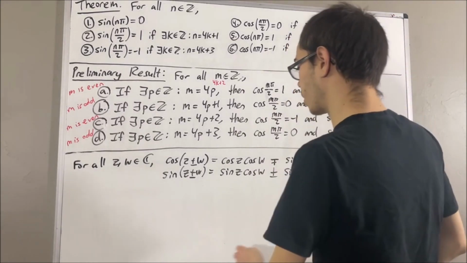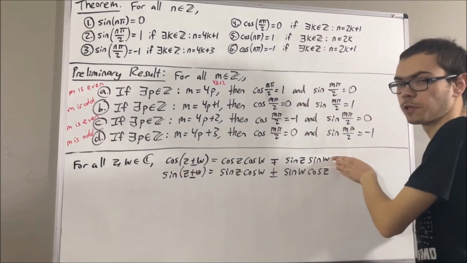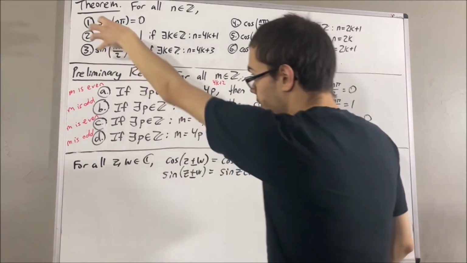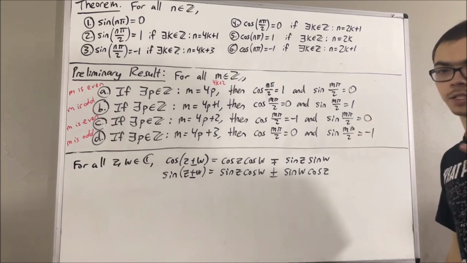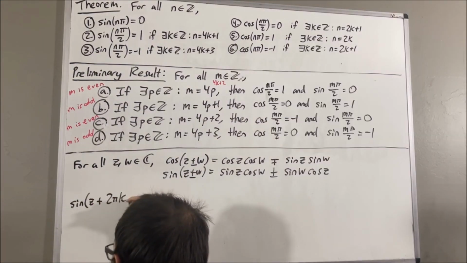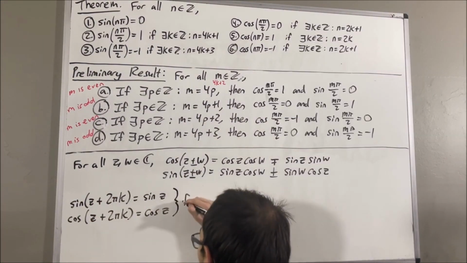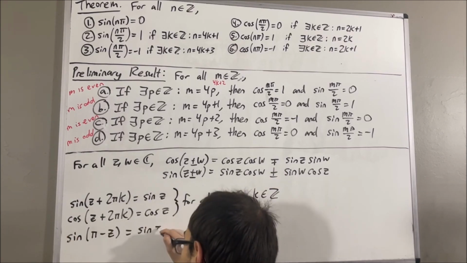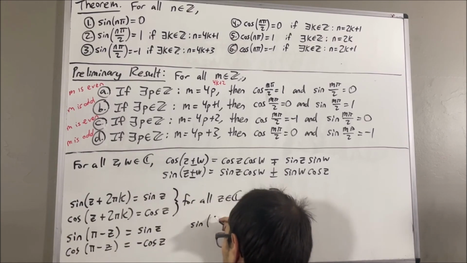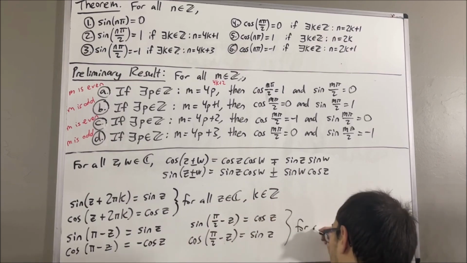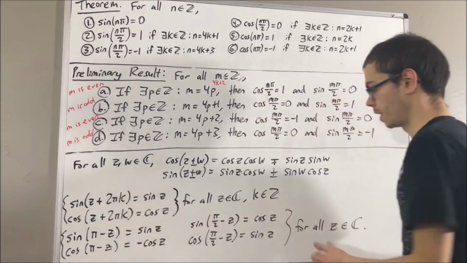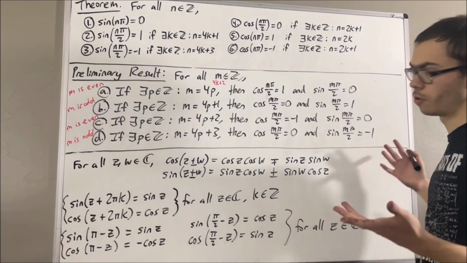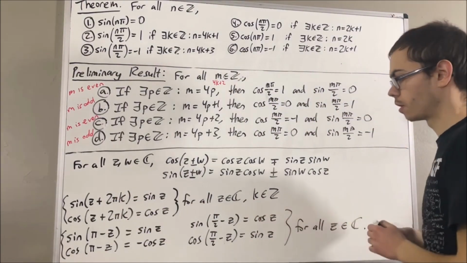So combining the addition and difference identities with the 6 results we have just proven, we can obtain some other identities that we're all familiar with. Right? We can obtain these identities and also some other similar identities as well.